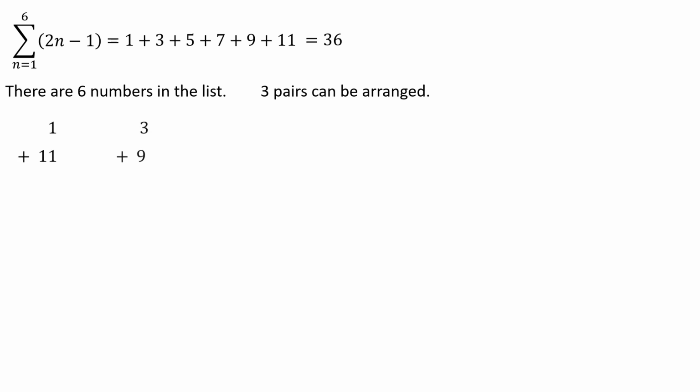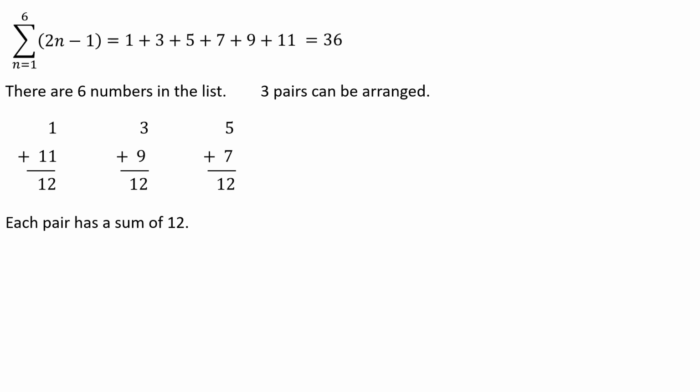I'm going to pair up the 1 with the 11, the 3 with the 9, and the 5 with the 7. By pairing them up that way, each pair has the same total. Each pair has a sum of 12. Whether I do 1 plus 11, or 3 plus 9, or 5 plus 7, every single time they add up to 12.